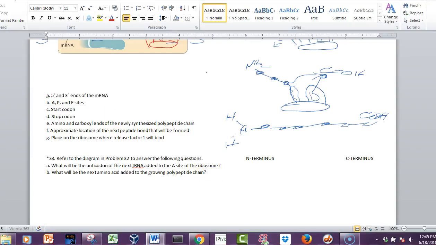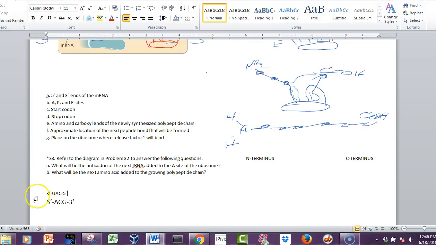The next codon is ACG, and that's 5' to 3', because that's the way we're reading the codons. Make this a little bit bigger so you can see what's going on. And so when the tRNA matches up, it has to match up in the 3' to 5' direction, and then it'll have a U, A, C, and that'll be going in the 5' direction.